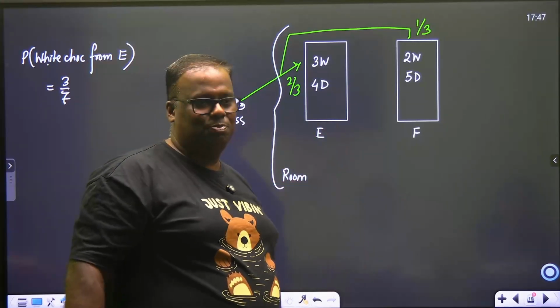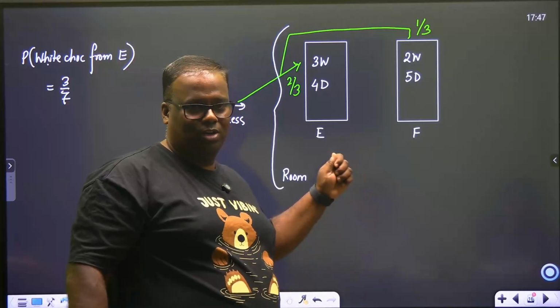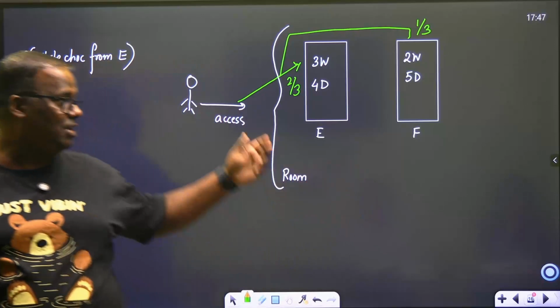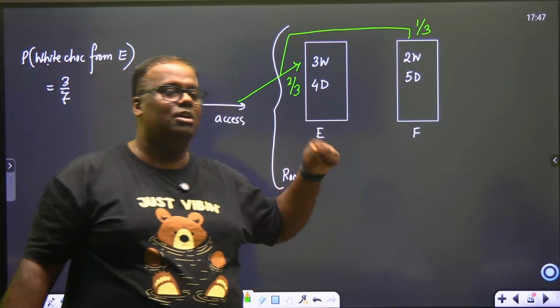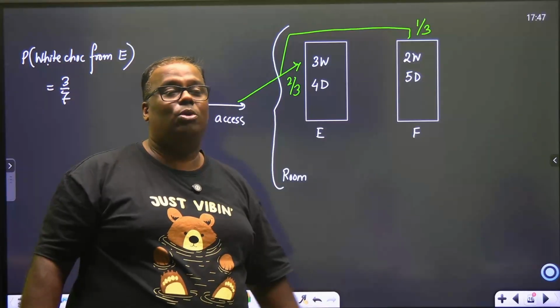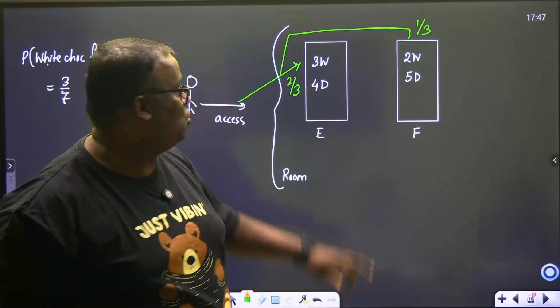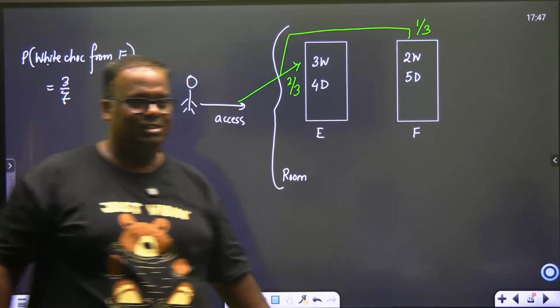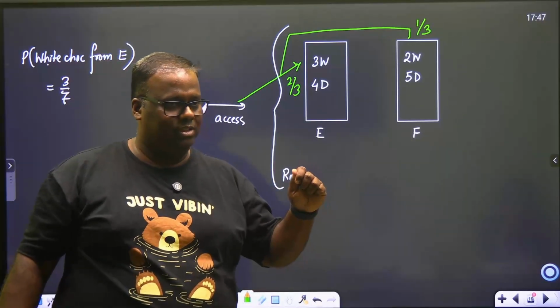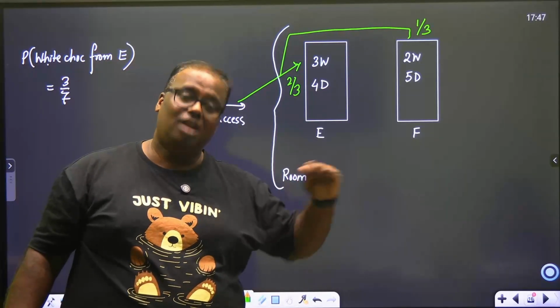Okay. One chocolate was picked, right? And the chocolate was found to be dark. What is the probability that the chocolate was picked up from E? You already got a dark chocolate, so the given event is dark.